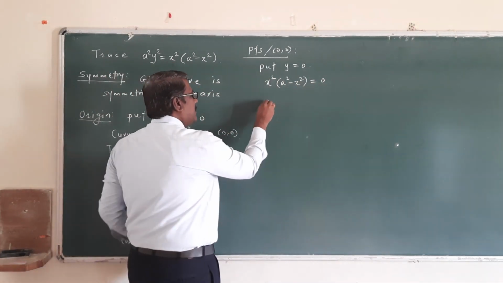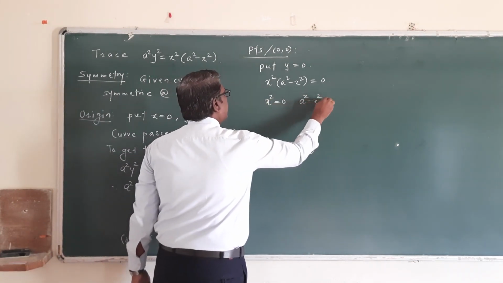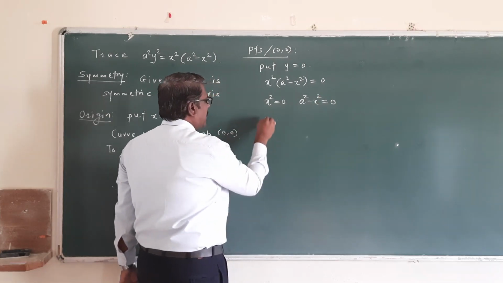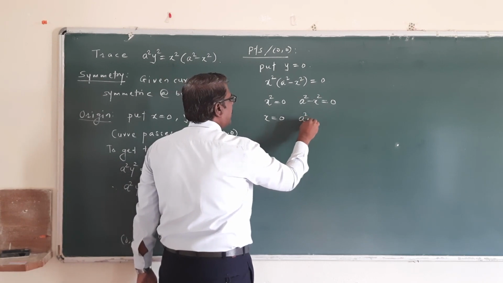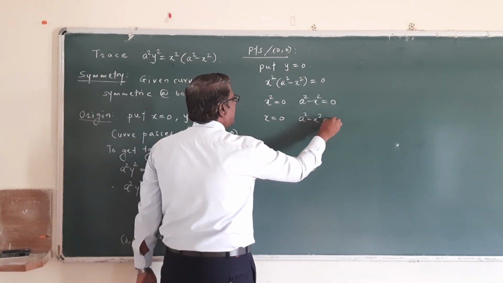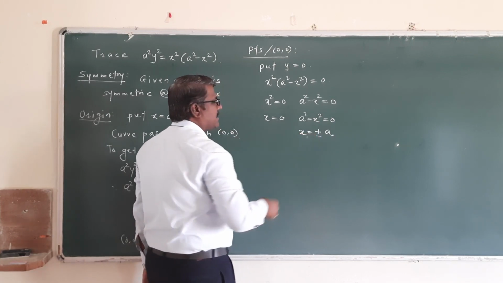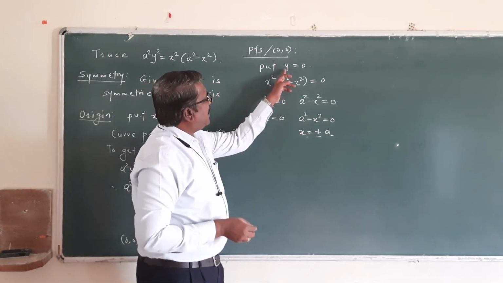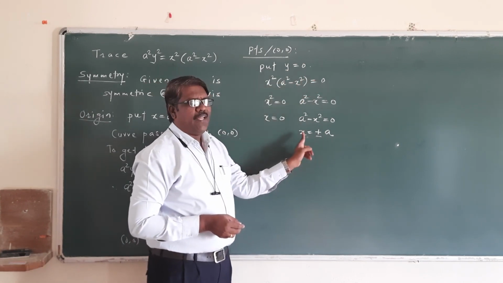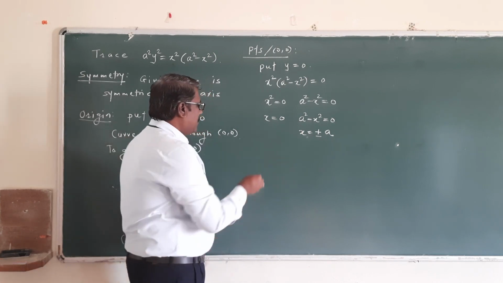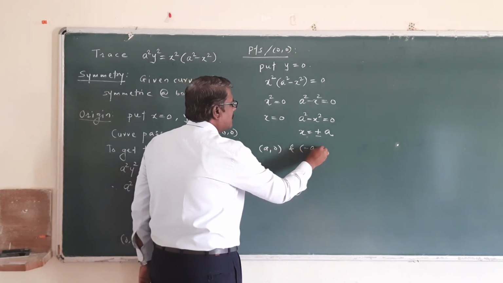So x² = 0 and a² − x² = 0, and therefore x = 0 and x = ±a. So by putting y = 0, we got x = 0, x = a and x = −a.